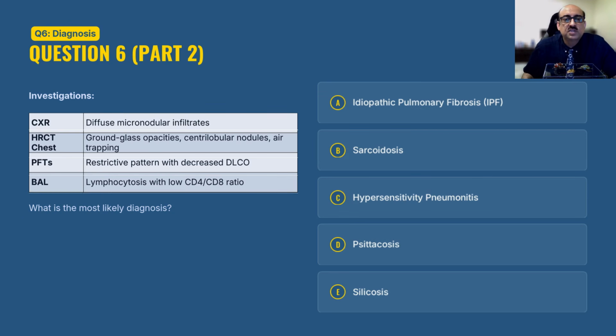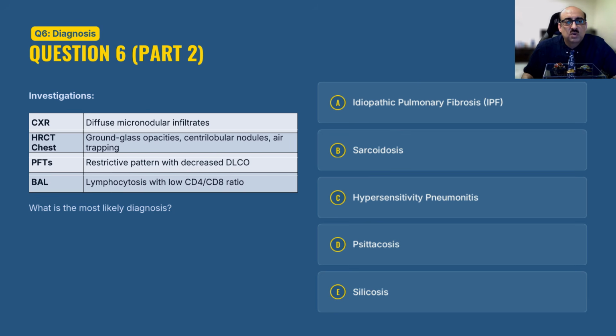Same question 6, part 2. So investigations reveal a chest X-ray which shows diffuse micronodular infiltrates. HRCT of the chest shows ground glass opacities, centrilobular nodules, and air trapping. Pulmonary function tests confirm a restrictive pattern with decreased diffusing capacity of the lungs for carbon monoxide, or DLCO. And bronchoalveolar lavage shows lymphocytosis with a low CD4 to CD8 ratio.